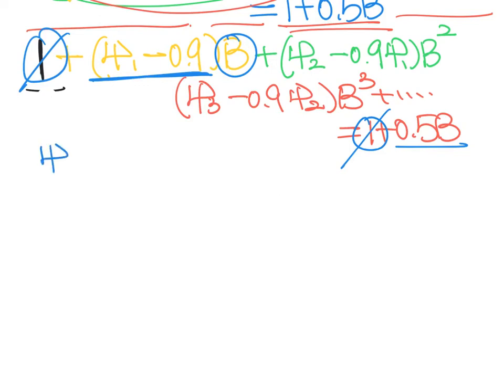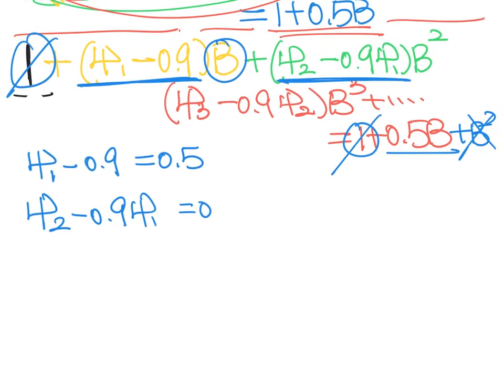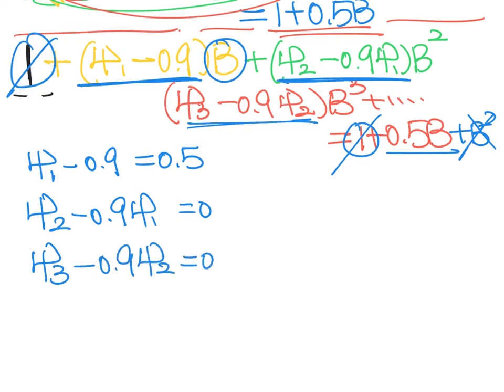So the big phi 1 minus 0.9 must be 0.5. And we don't have B squared here. So the difference is big phi 2 minus 0.9 big phi 1 must be 0. And this one must also be 0. Minus 0.9 phi 2 must be 0.